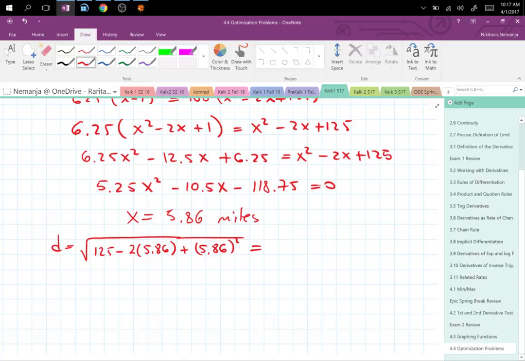Square root of 125 minus 2 times 5.86 plus 5.86 squared.